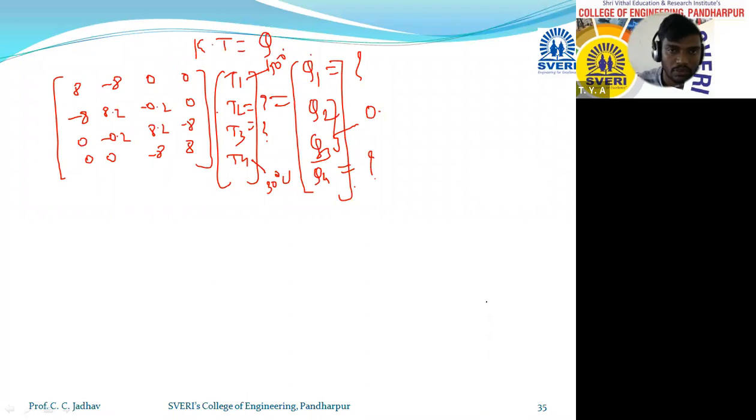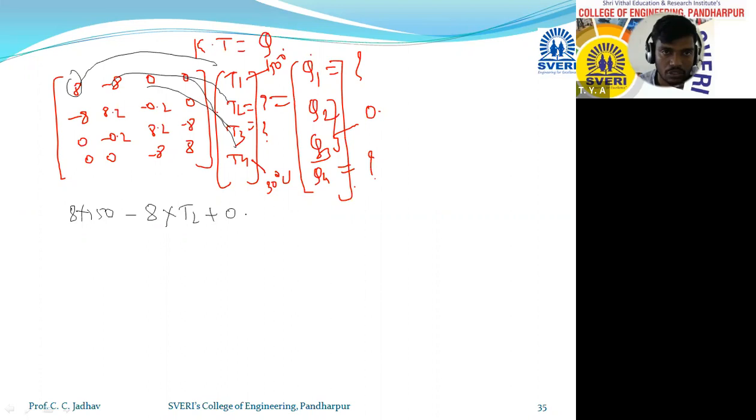Here you can see the first equation we can rewrite: 8 into T1 minus 8 into T2, 0 into T3, 0 into T4 is equal to Q1. 8 into T1 value, which is 150, minus 8 into T2, plus 0 into T3, plus 0 into T4 is equal to Q1.